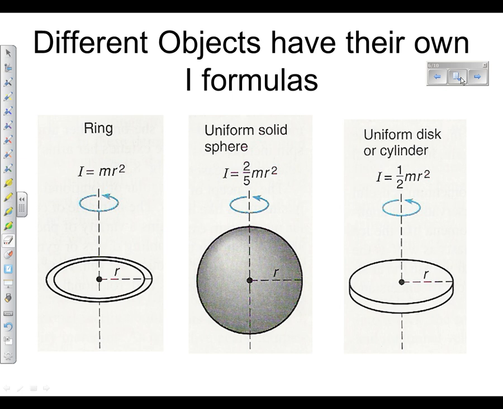For a ring, a hoop, like this, the formula looks similar to the point mass formula, because what do you see about all the mass? How far is it from the center of rotation? It's all far, but it's all the same. So this is just a bunch of point masses that we've added up. Okay?